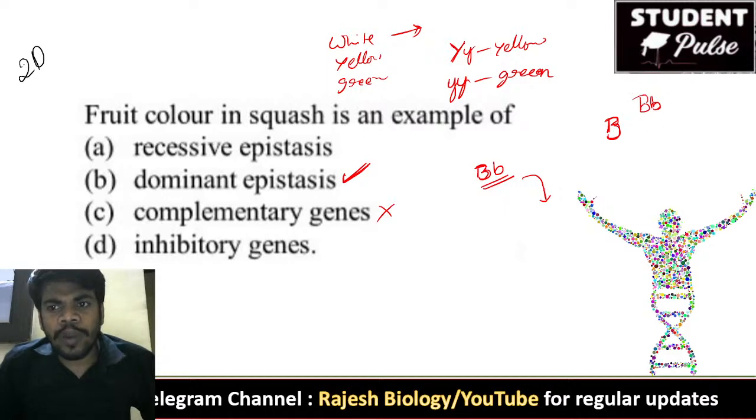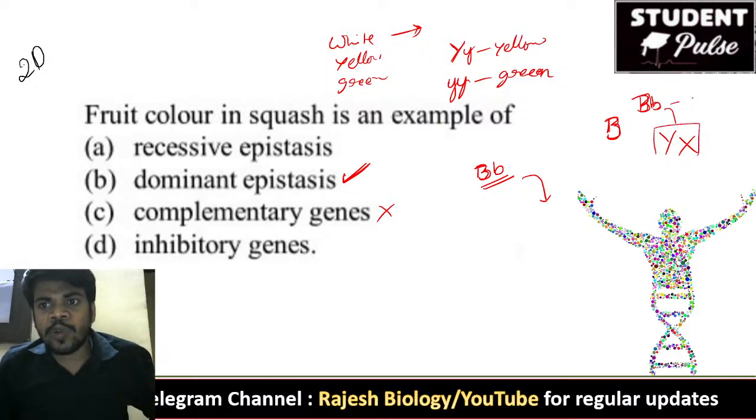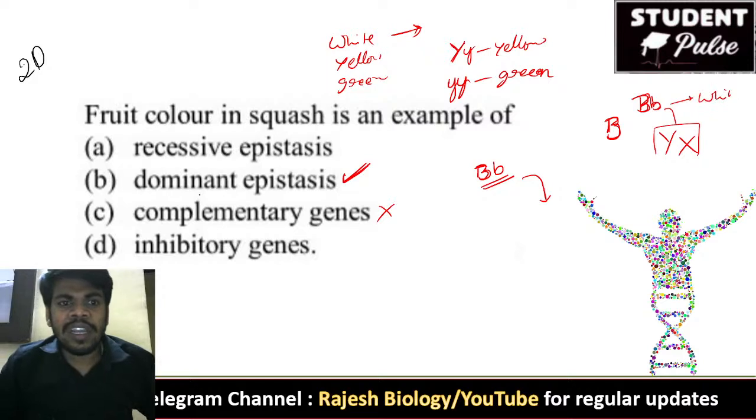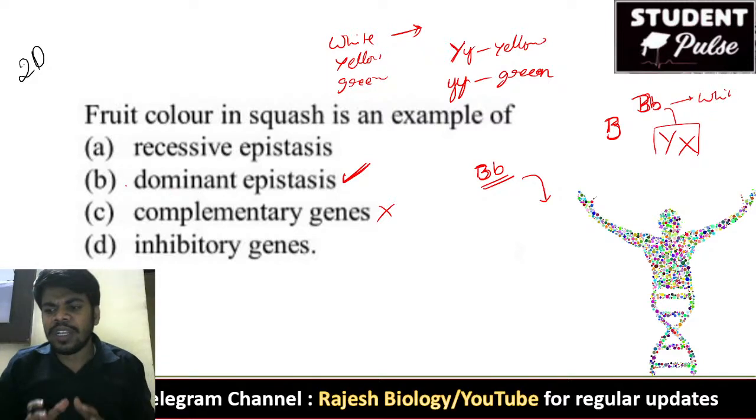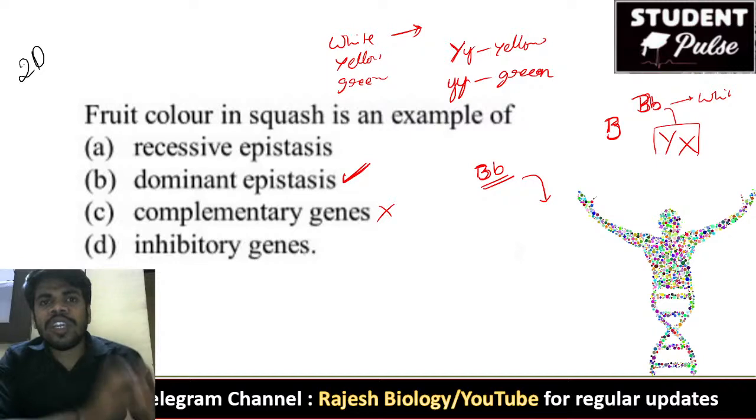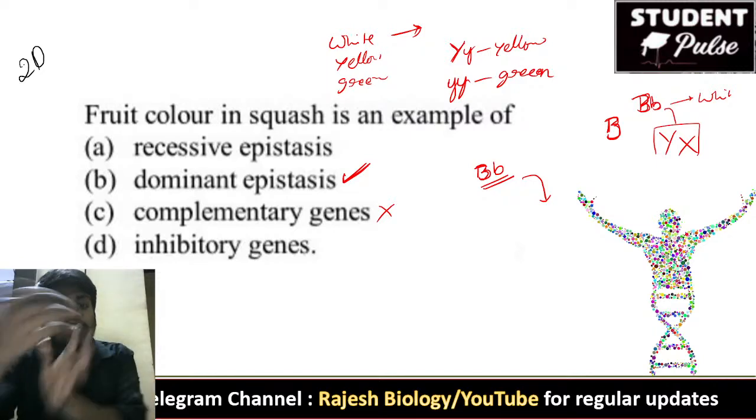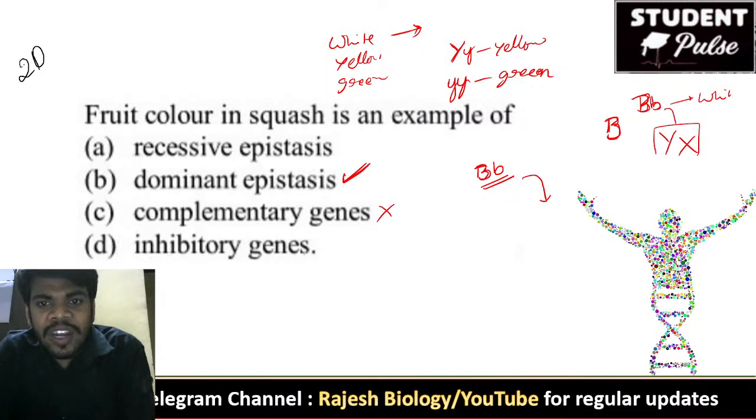If it becomes dominant, automatically Y cannot express itself. Yellow or green never express because of the dominance of one gene that controls the expression of the other genes. It becomes white color. That is called dominant epistasis. It means one gene controls the other, unrelated gene. The dominant character of one gene controls or regulates the unrelated gene's expression. That is called dominant epistasis.